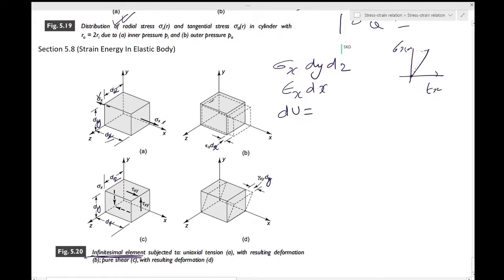So this sigma x and epsilon x which we are writing over here is the final value which has been reached by slowly increasing these from 0, and definitely they have this linear variation. So this is equal to half into what is the force? Sigma x dy dz, just as in the case of the linear spring which we have discussed, and epsilon x dx.